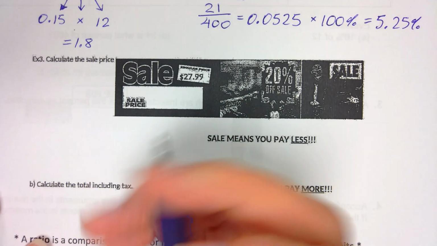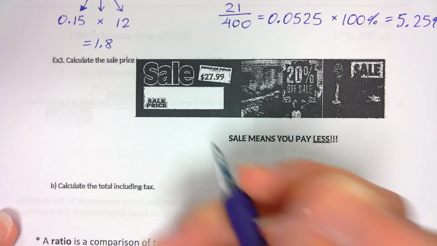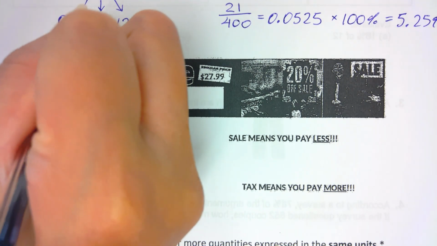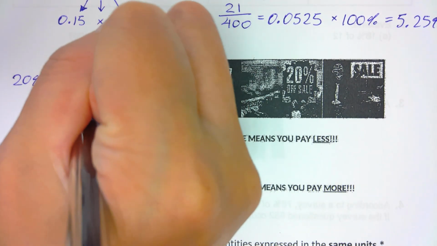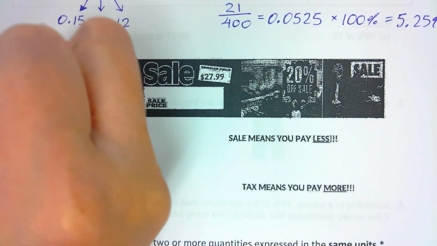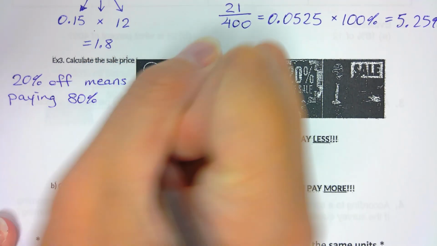Yes, that is the shortcut way. Do you want to just learn the shortcut? Okay, sounds good. So if it's 20% off, it means you're paying 80% of the full price.